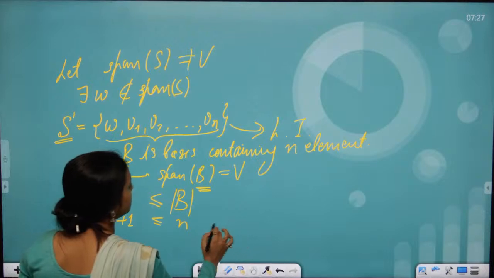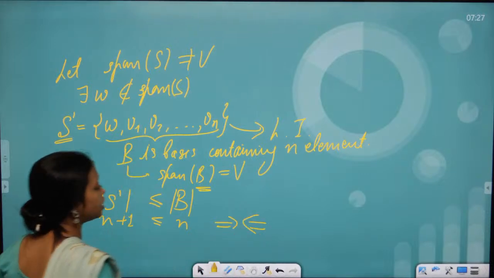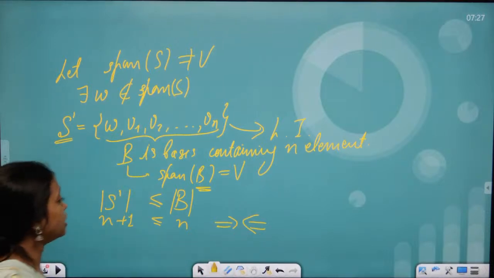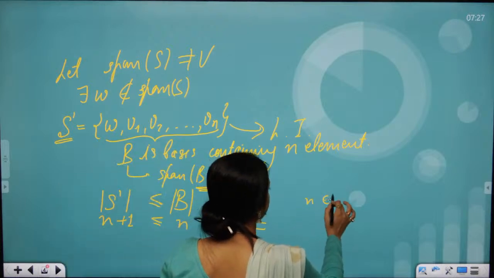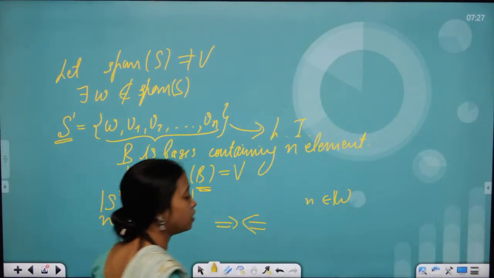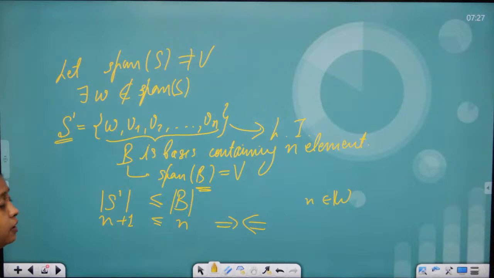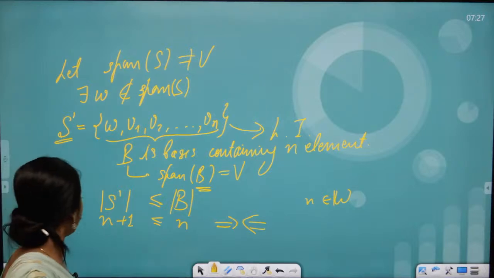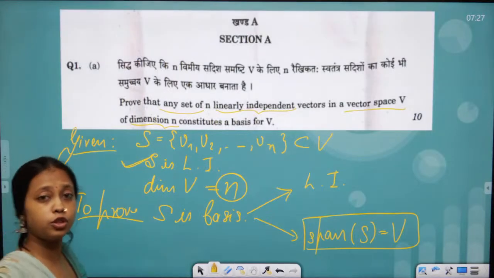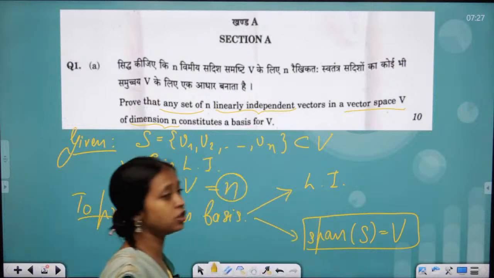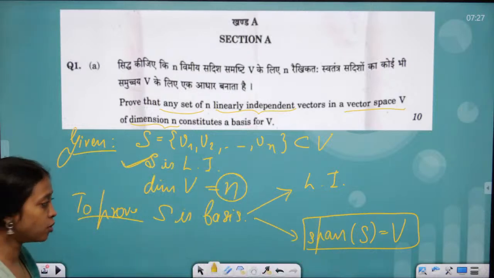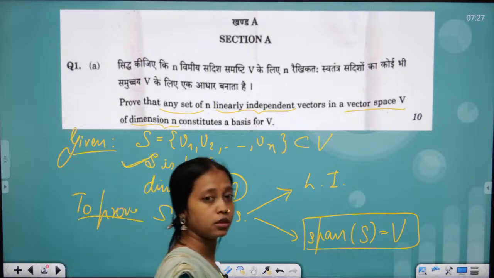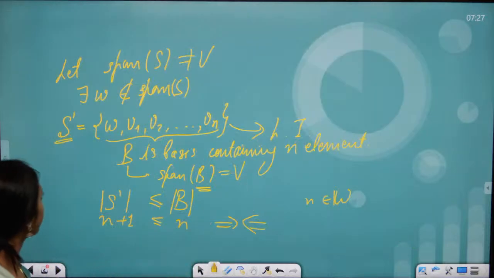N plus 1 is less than or equal to n is a contradiction because n is a whole number, right? Simple. This was not a theorem. Application of the theorem, results, definitions, that's it. You just have to merge everything together to get your result, right? The next question.